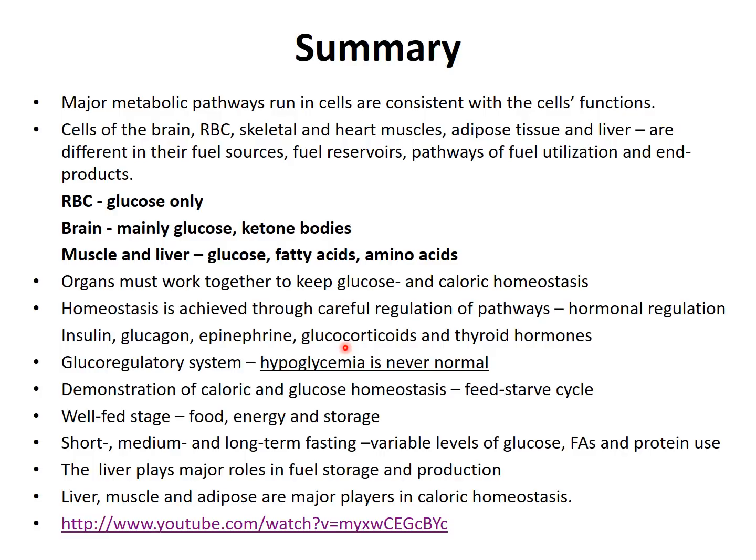We defined which hormones will act on those 3 cells that are hormone sensitive. We went through the glucoregulatory system through these hormones. We talked a little bit about hypoglycemia, and we demonstrated through the feed-starve cycle how these organs, tissues, cells can work together to support all the cells of the body with calories and with glucose.